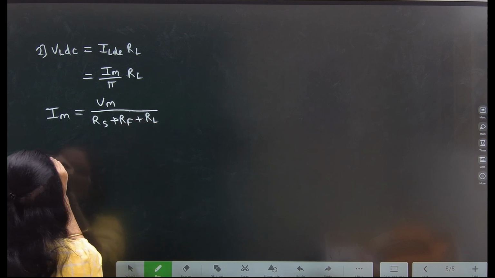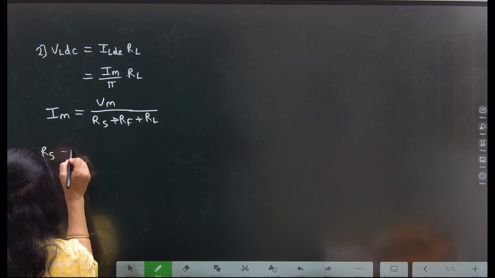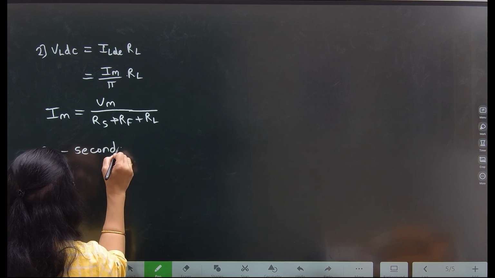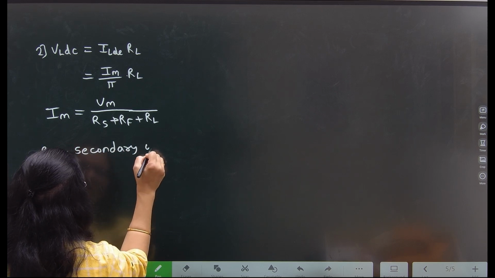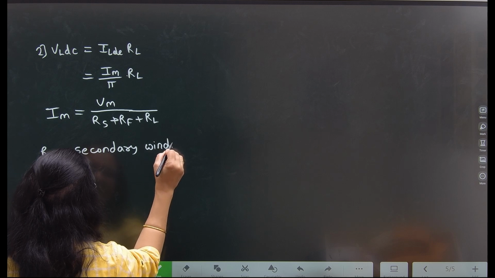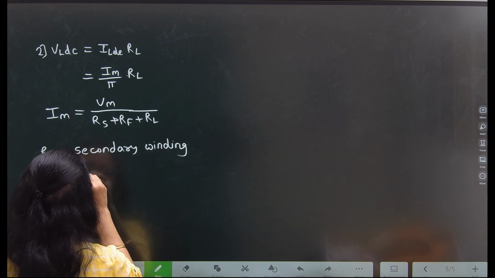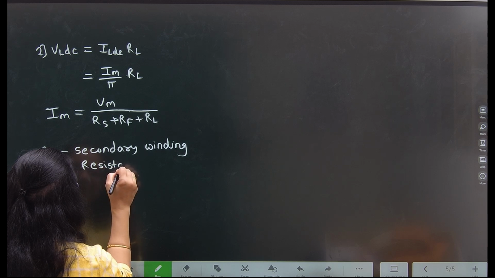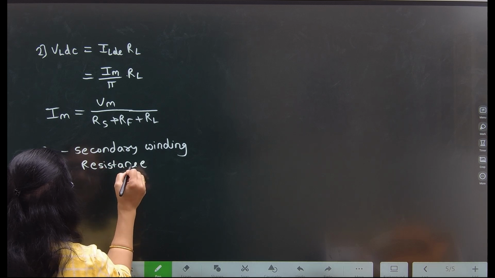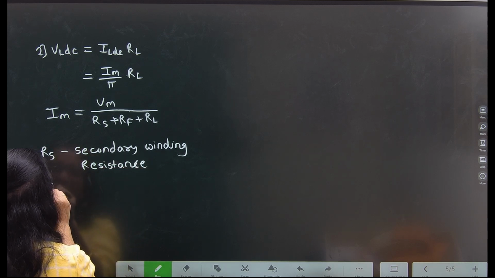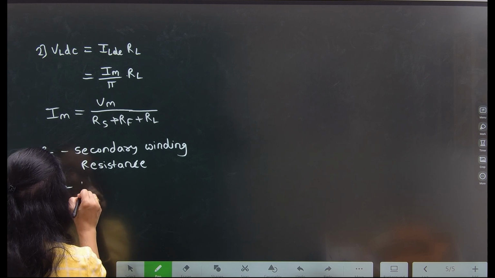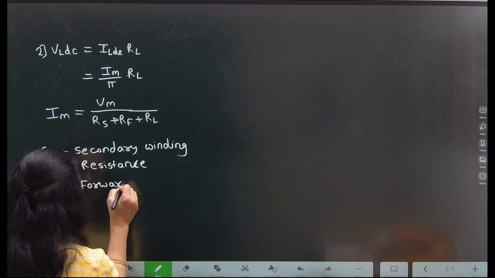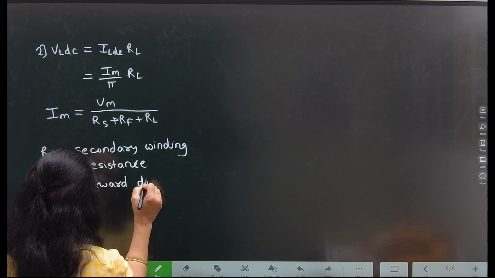Here Rs is the transformer's secondary winding resistance. Then Rf is the forward diode's resistance, that is the forward biased diode's resistance.